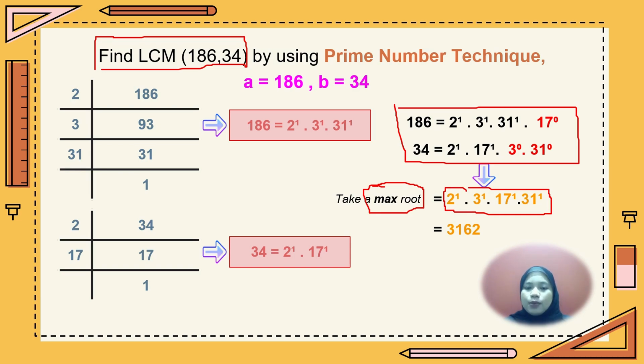For LCM we take the max. So 2 power of 1, 3 power of 1, 17 power of 1, and 31 power of 1. So from the roots, we get the answer 3162.